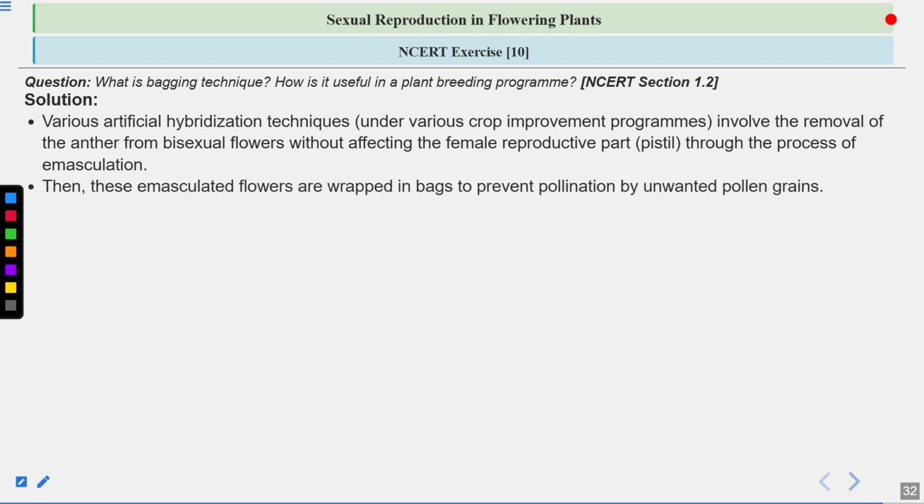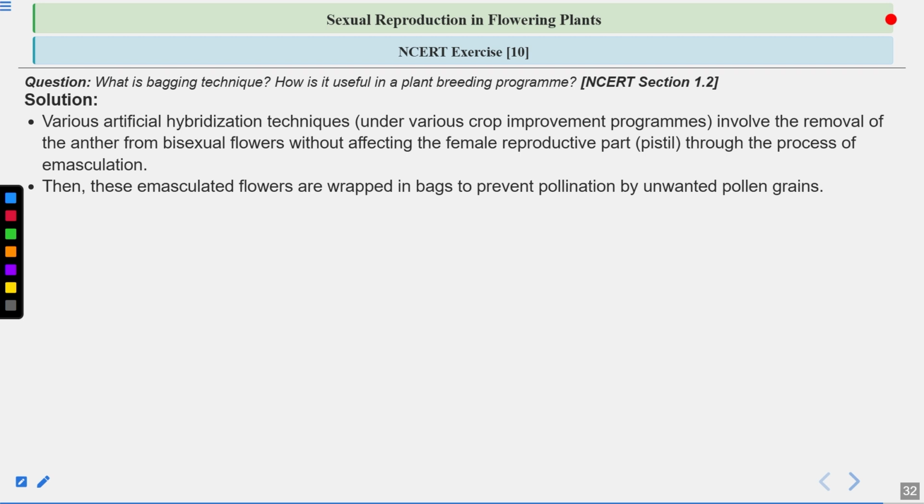Then these emasculated flowers are wrapped in a bag to prevent pollination by unwanted pollen grain. Now this flower has only the female part, right? Now you will cover it with a bag, and your bag should be made of butter paper, right? Butter paper. So why are we protecting this female flower with this butter paper bag?